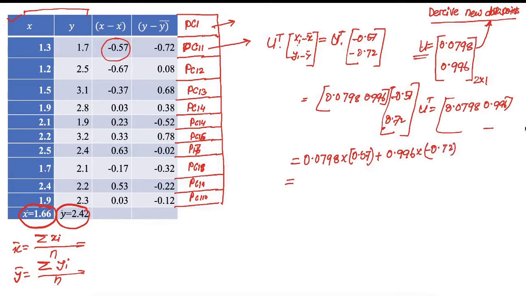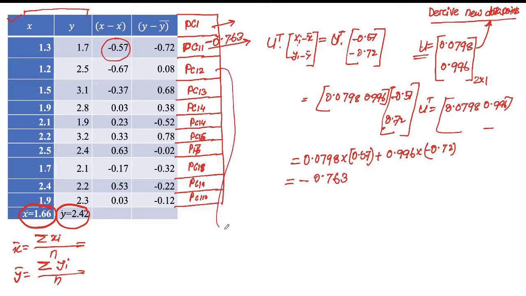This is equal to minus 0.763. So this component is minus 0.763.